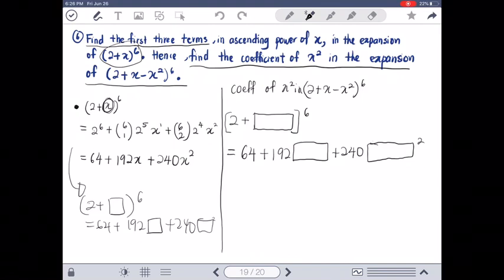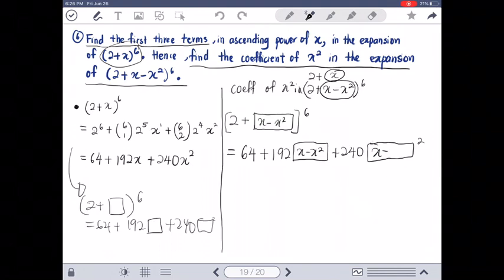Now if you look at the pattern, if this is y, here becomes y, and here becomes y squared. So in this case, we have 2 plus x, where our x is replaced by x minus x squared.